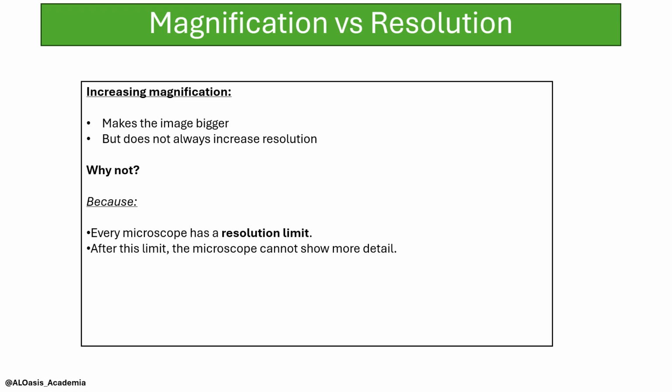As we said, in the light microscope, the resolution limit is 0.2 micrometers. So if you have two bacteria that are 0.1 micrometers apart, even if you increase the magnification just to make them bigger, it will not make them clearer. They will both still be shown as a single blurred point.